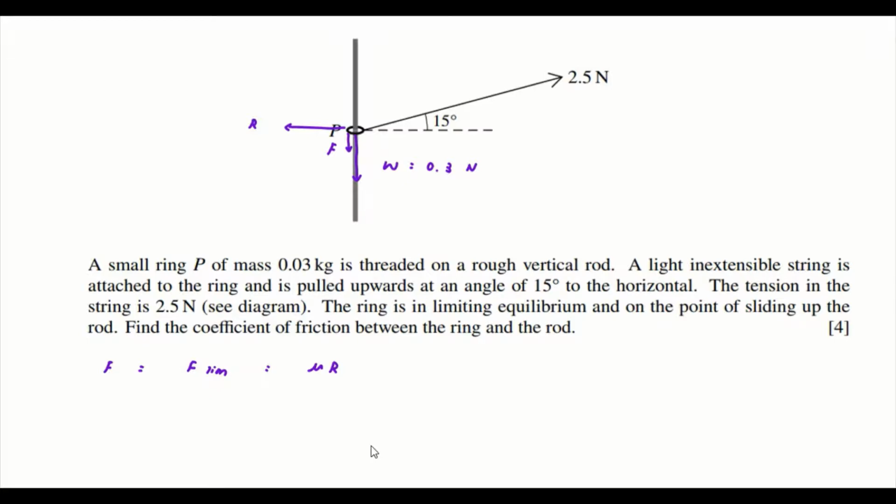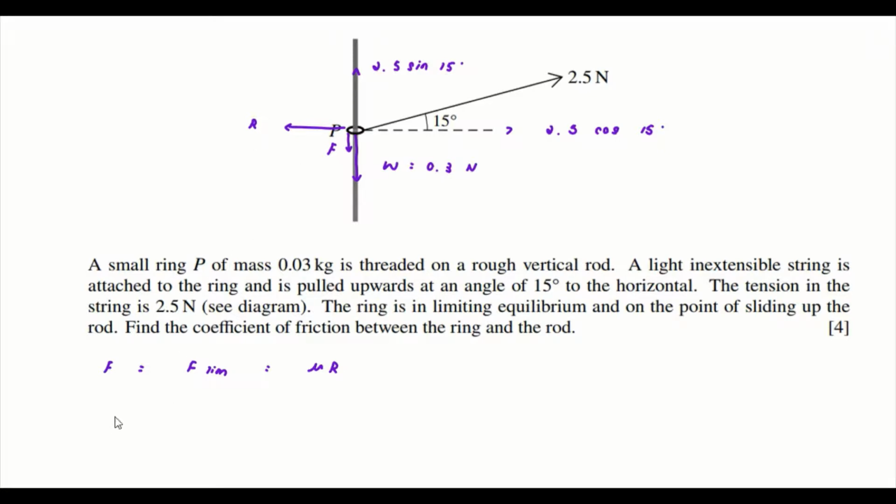I think it's quite obvious that this part is going to be 2.5 cos 15, right? After that, moving upwards, we only have this force to resolve, so 2.5 sine 15. If we solve this one first, the friction has mu and R, so we have two variables. But if we resolve horizontally first, then we have only R, so we can solve for R first.